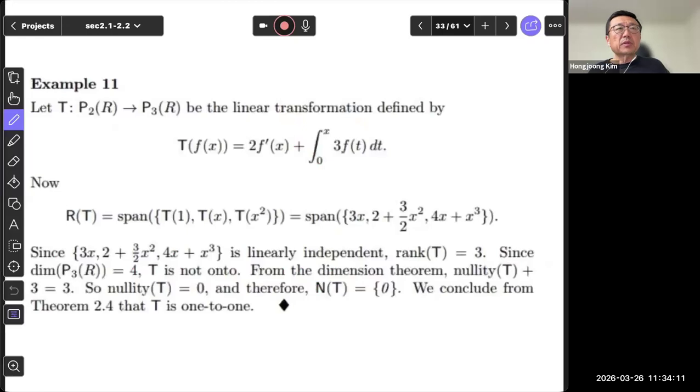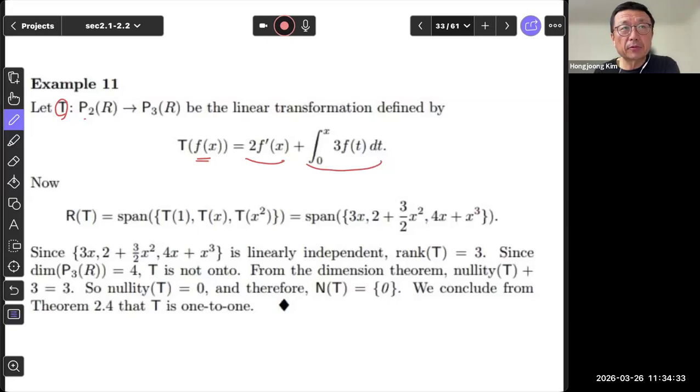Now, let us consider some examples. Suppose that we have a linear transformation T from P2 to P3, which maps f to 2 times f prime plus the integral of 3f from 0 to x.